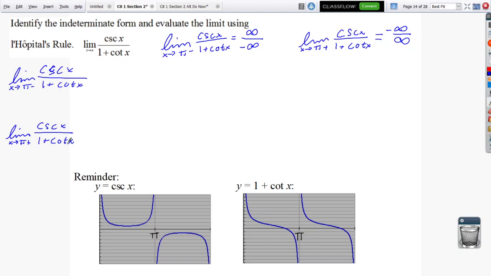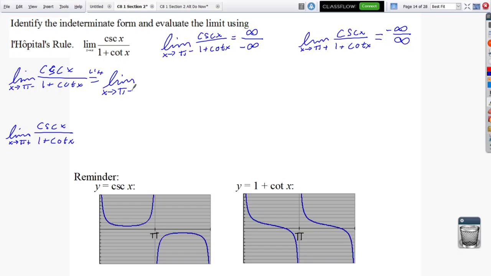Now here we've already acknowledged that they're both in indeterminate form, so we can jump right to L'Hopital it up. We've got the limit as x approaches pi from the left.